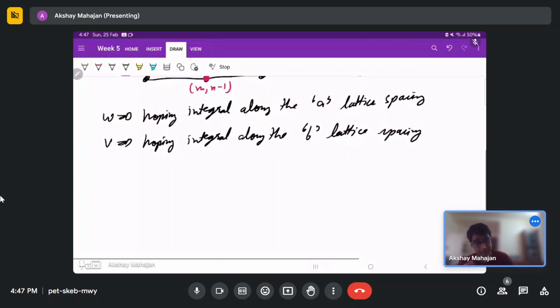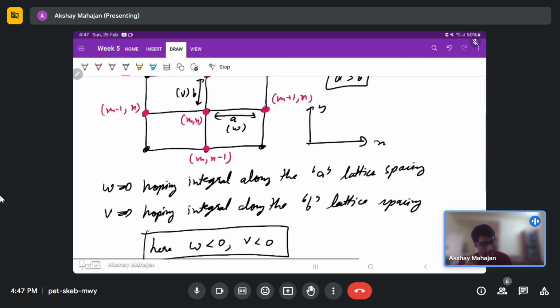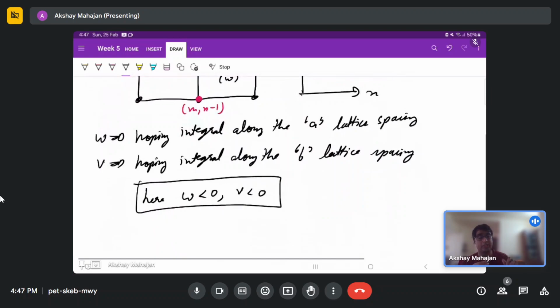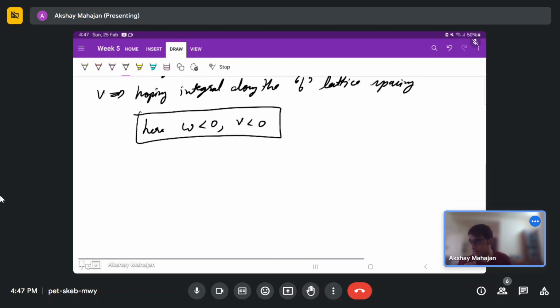Remember that here w is less than 0 and v is less than 0. We know that we were using minus t for the hopping integral, but in this problem they are written as w and v, and we consider them to be negative. So remember that w and v are less than 0 here.